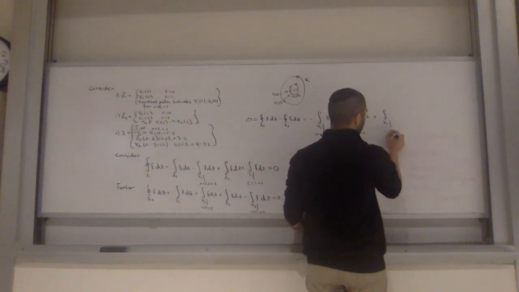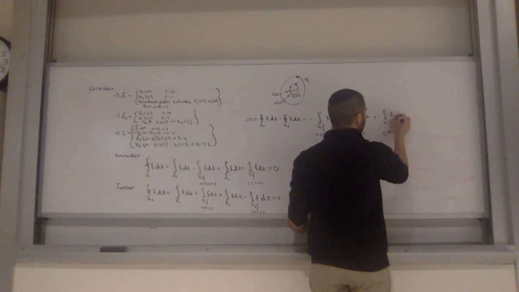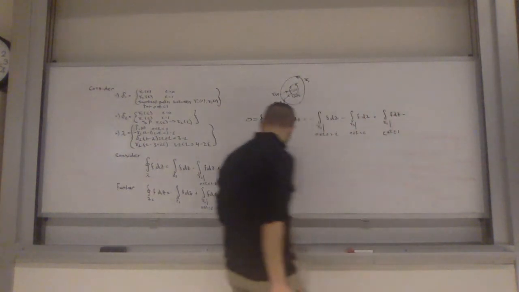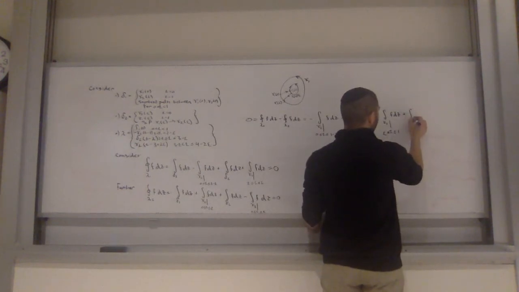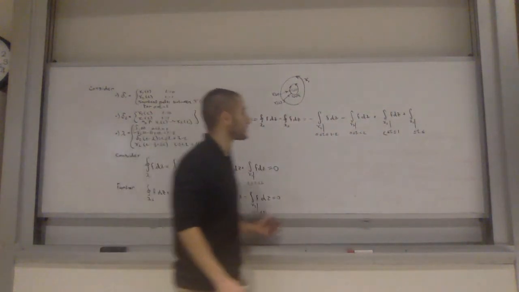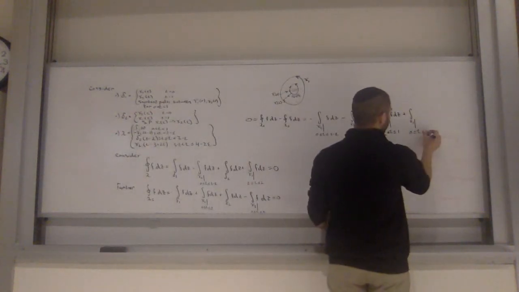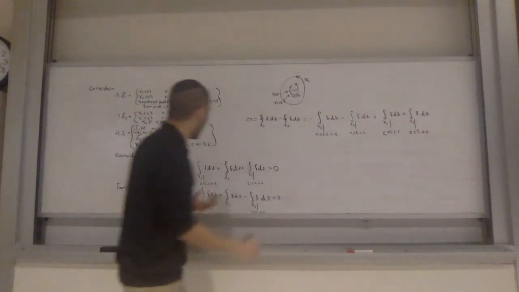So t greater than or equal to epsilon, less than or equal to 1, of f dz minus, but minus minus is a plus, plus the integral along gamma 1, t between 0 and epsilon, of f dz.